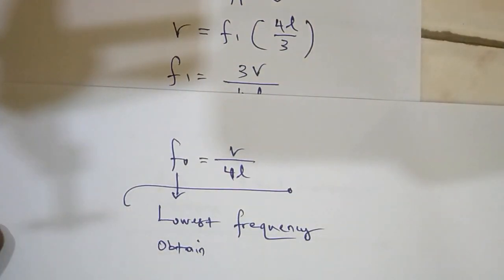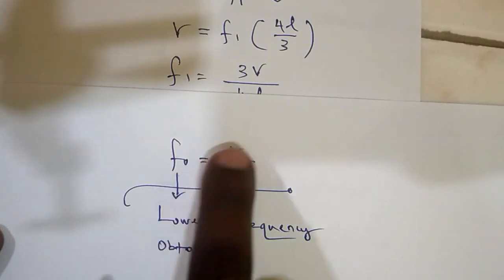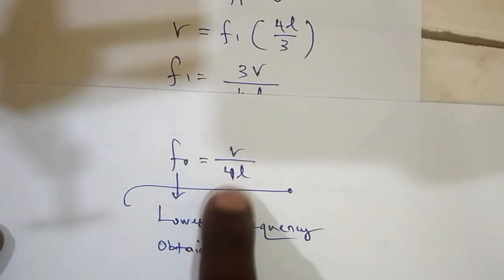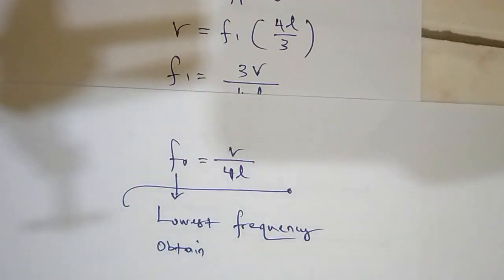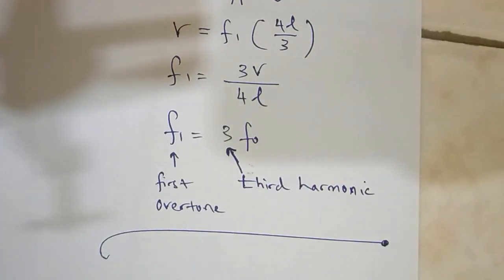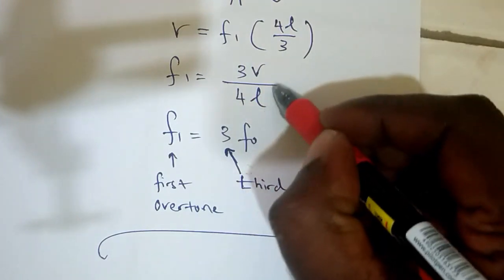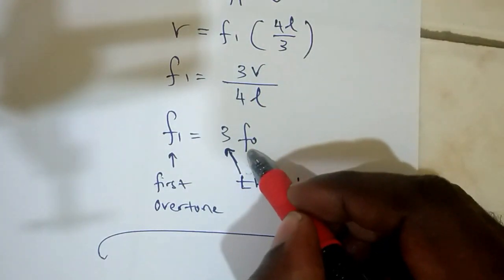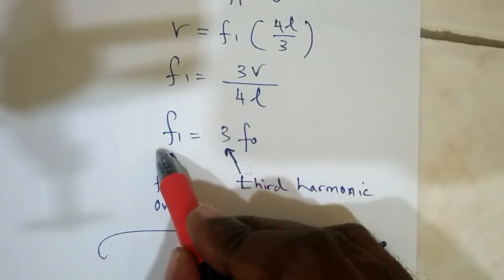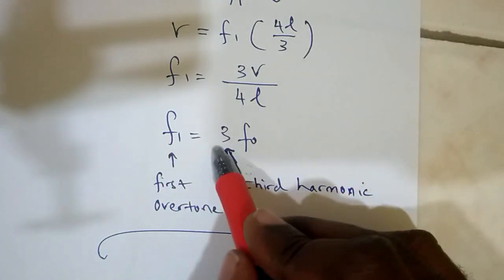I repeat again, F0 equals V over 4L. So F1 in terms of F0 is 3F0.